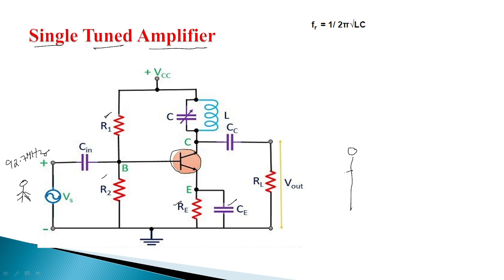By varying these biasing components we can set the Q point and get the output without any distortion. This is the amplified output, but here the LNC is the tuned circuit, as I said just now. This is a parallel tuned circuit. Of course, we can use a series tuned circuit also.